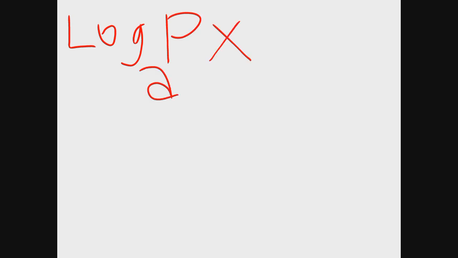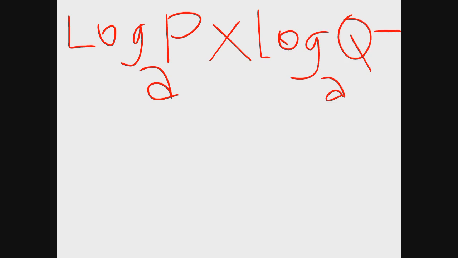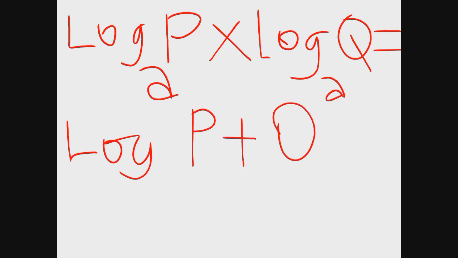So, what is the product rule of logarithm? The product rule of logarithm goes thus: if we have log p base a multiplied by log q base a, then this is equal to log p plus q base a.